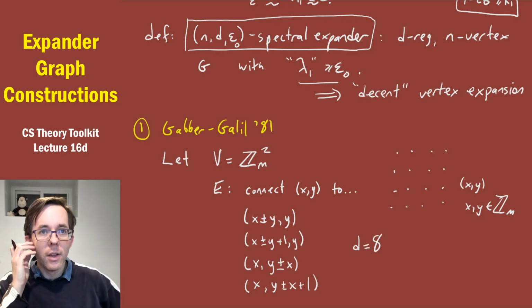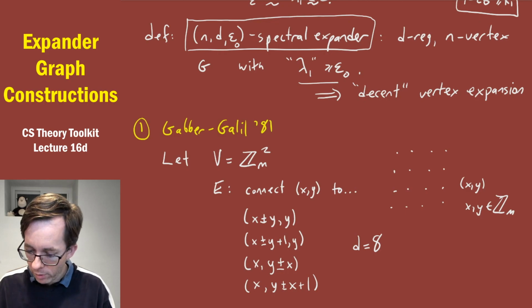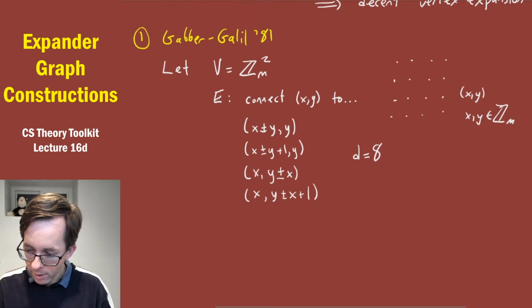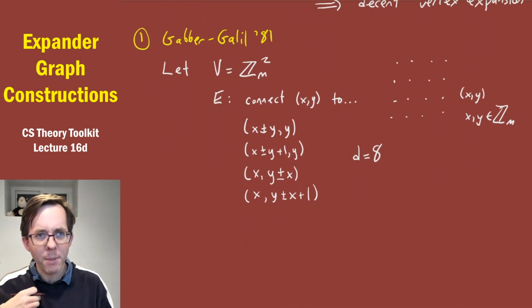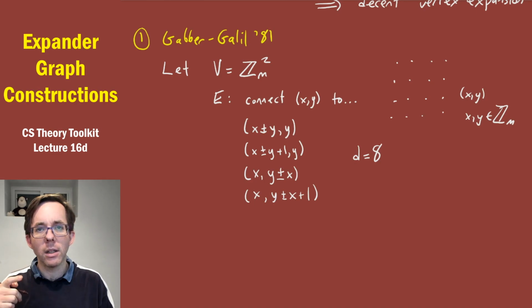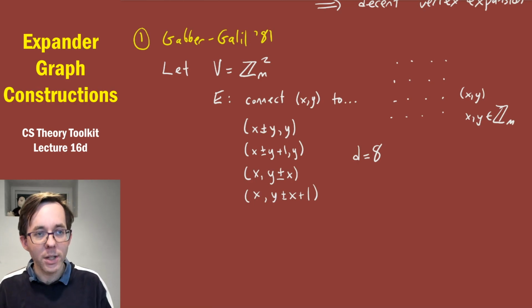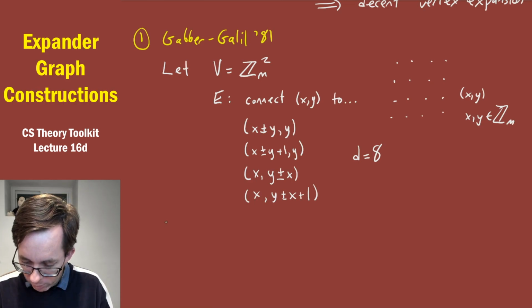And this is a wonderful family of expander graphs, one for each m. So you have an expander graph for every n which is a square. Let me just state the theorem.